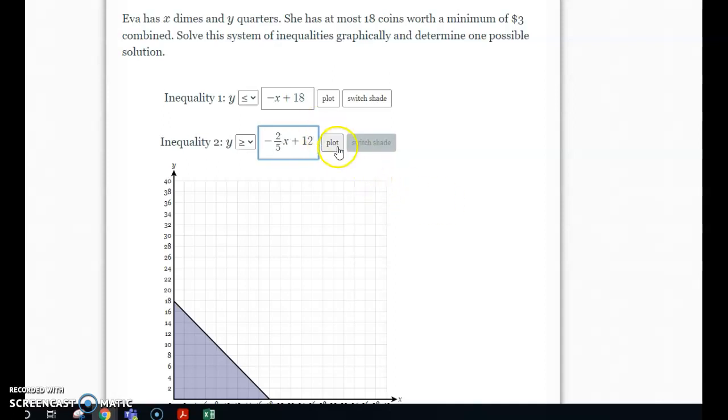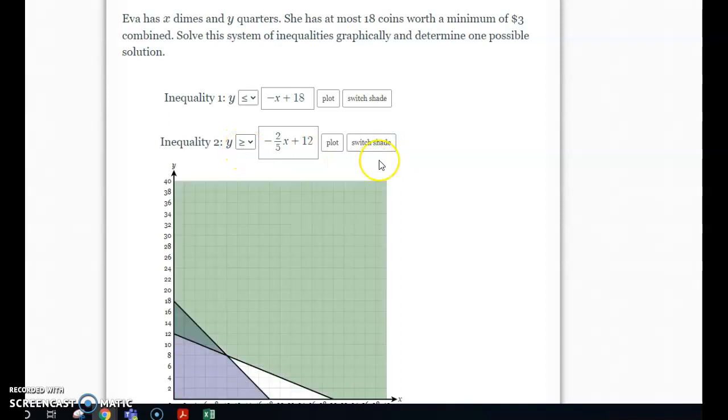And then we plot that one as well, and then we consider the shading. That's actually supposed to be greater than or equal to, so we're going to switch that shading. And you can see they're both solid lines because the inequalities include the equal sign.